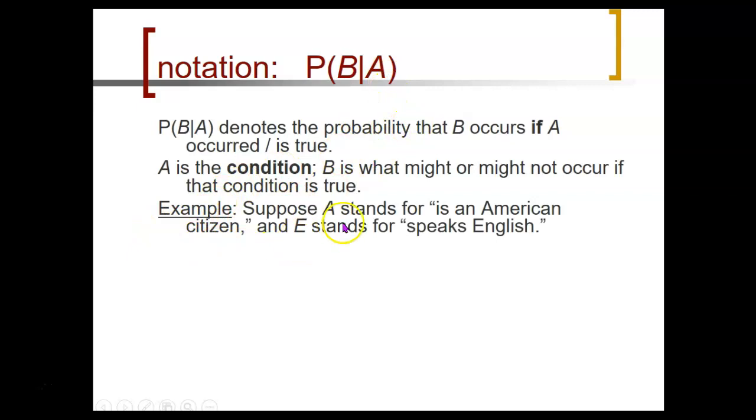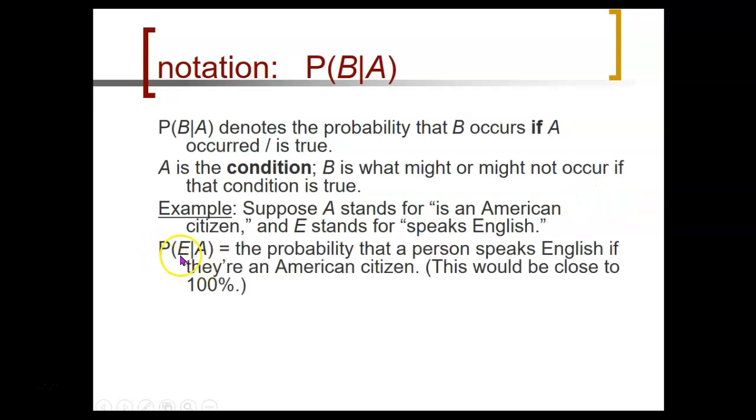For example, suppose I use the letter A to stand for is an American citizen. So that's somebody being an American citizen. Some people are, some people aren't. And E stands for speaks English. Some people do, some people don't.